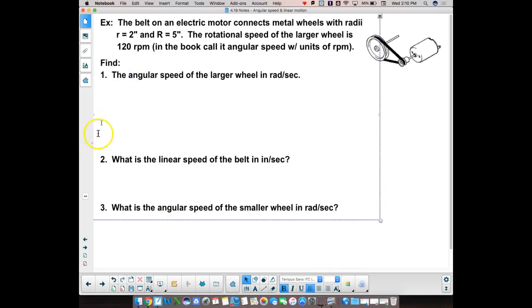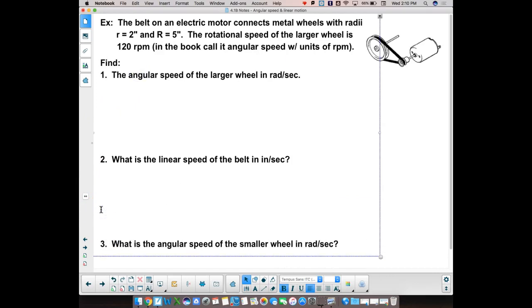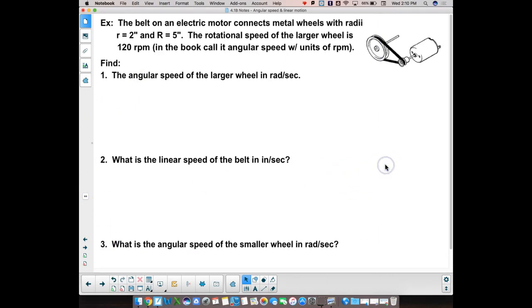I just want to make myself some more space because I like the space. So when you're thinking about it, you're thinking about 2 separate circles that are connected somehow.